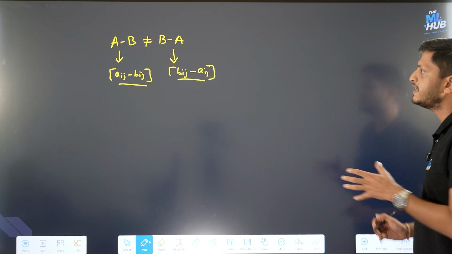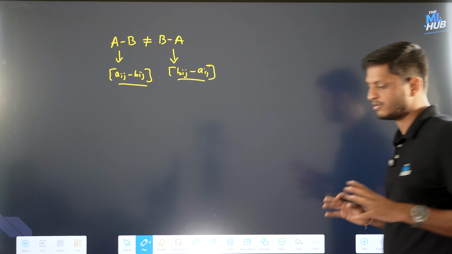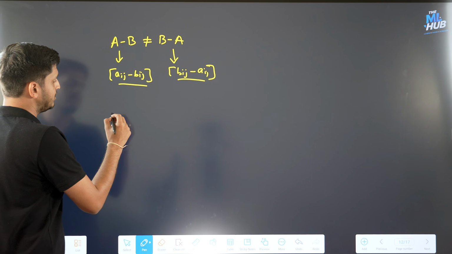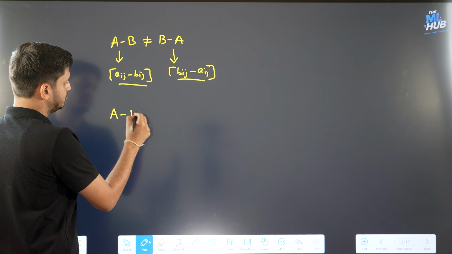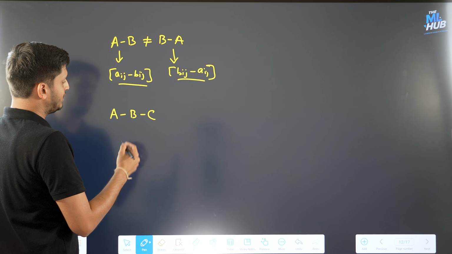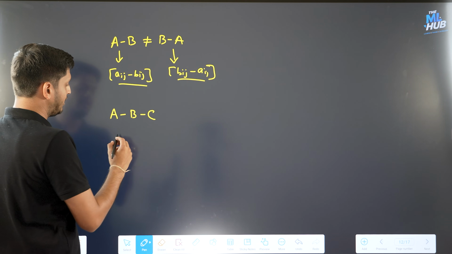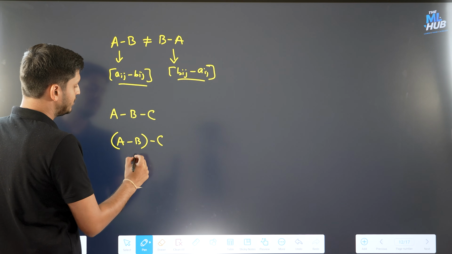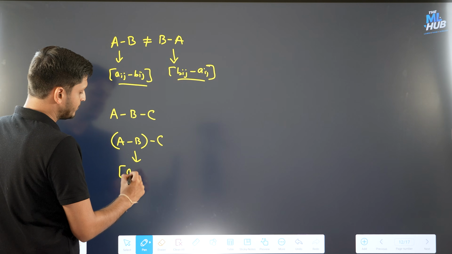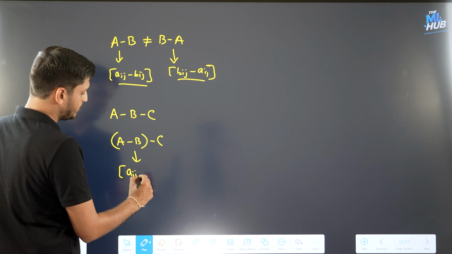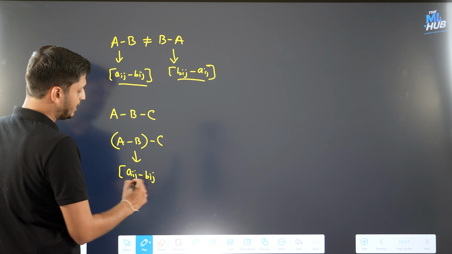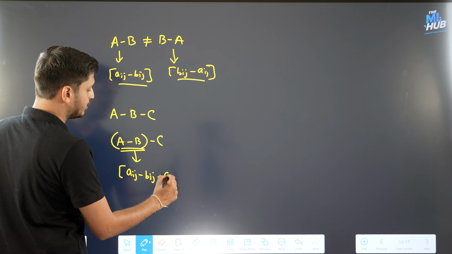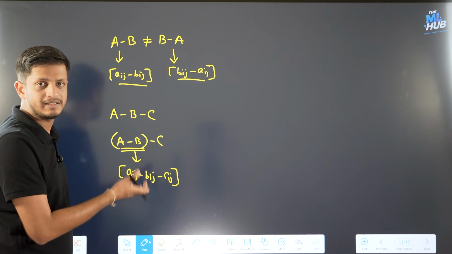And similarly, matrix subtraction is not associative also. It is not associative, because if you are performing, let's say, A minus B minus C, then order matters, right? If you are doing A minus B first and then minus C, the ijth element of A minus B will be Aij minus Bij, and you are subtracting the Cij from it. So the ijth element will be Aij minus Bij minus Cij.